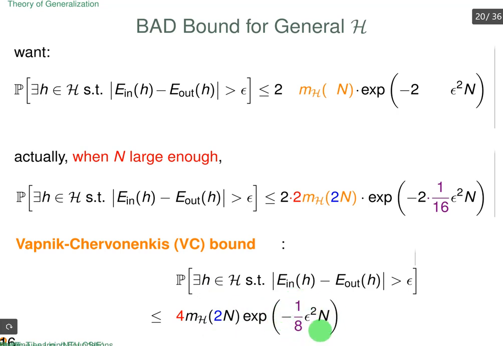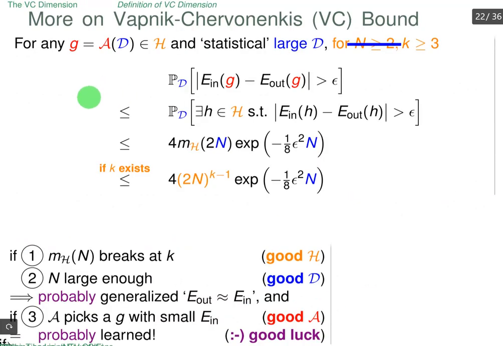The VC bound works for any hypothesis g selected by an algorithm based on the data, using our hypothesis set, given that we have a large amount of data. Then the probability of a bad event is upper bounded by the following inequality. The probability that there exists one hypothesis with the bad event is upper bounded by 4 times the growth function, times an exponential.